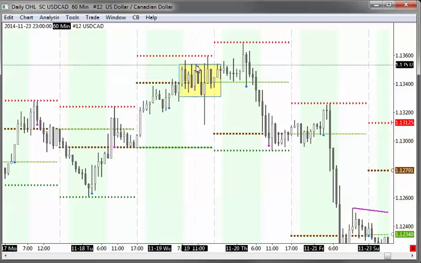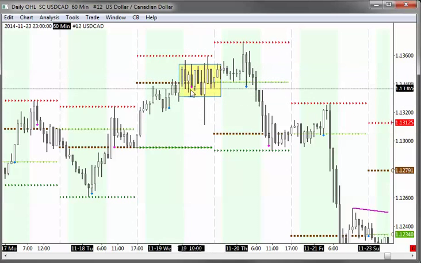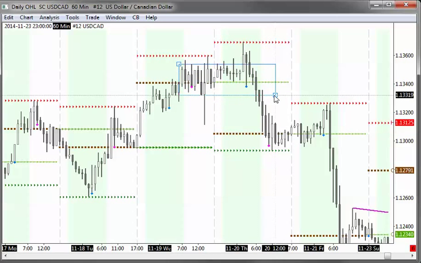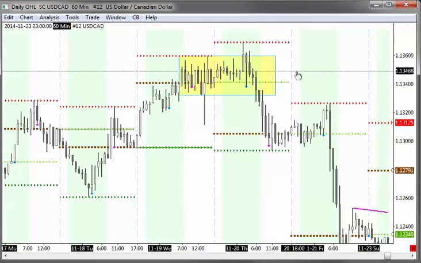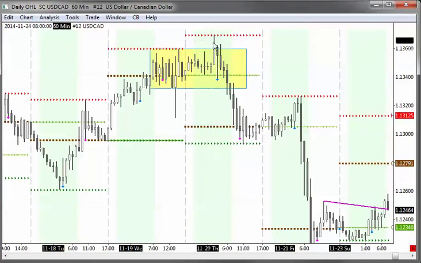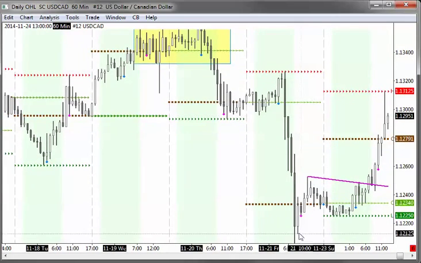And when you see indecision, once it breaks on which side it wants to go to, it usually will go that way for a pretty strong move, and we can see that it started on Thursday with a little bit of pullback into the open of Friday, and then a sharp drop on Friday.